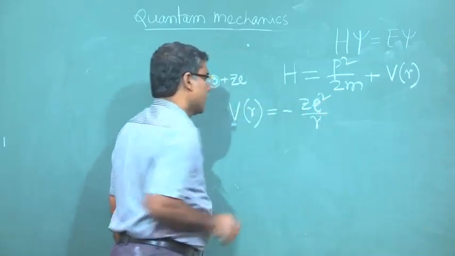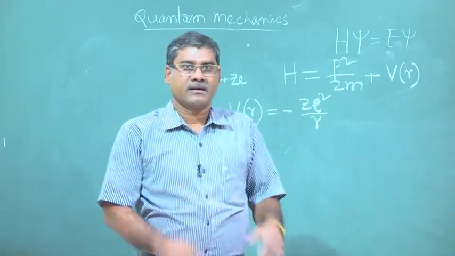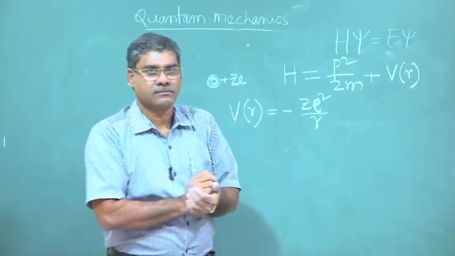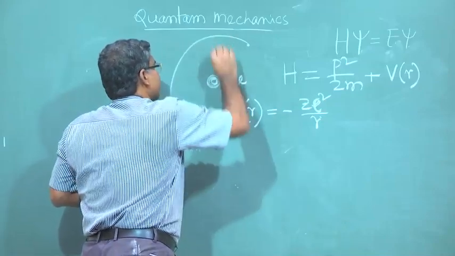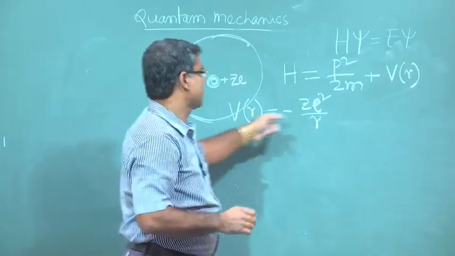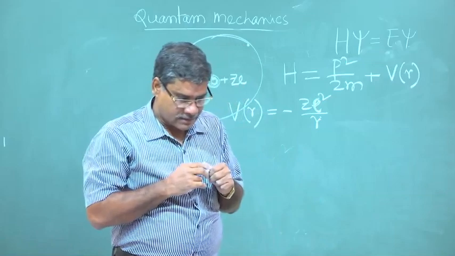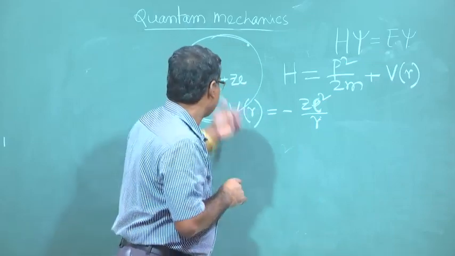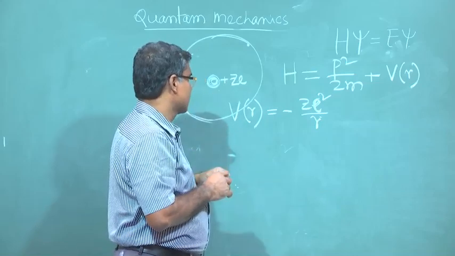And this potential is spherically symmetric, because the potential is the same everywhere for a particular radius r. Spherically symmetric potential, we call it central field or central force.